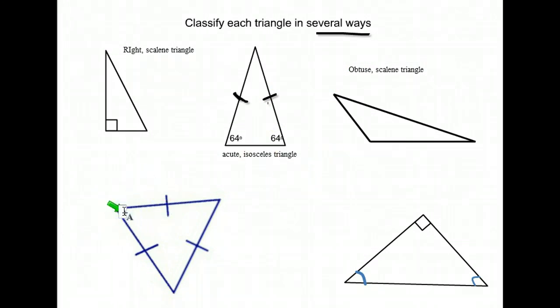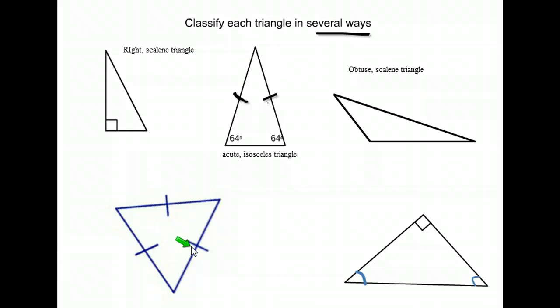Okay, next one. What markings do we have? Okay, so if we want to classify it based on angles, none of the angles are marked, but again here I'm going to teach you a fact about one of the properties of geometry, and that is, notice all of my sides are the same length. Well, kind of the same property applies that we used up here. If you have sides the same length, that forces angles to be the same.